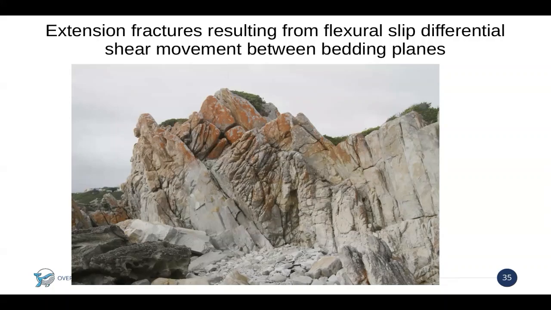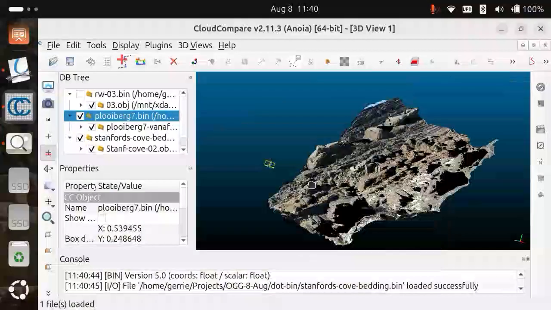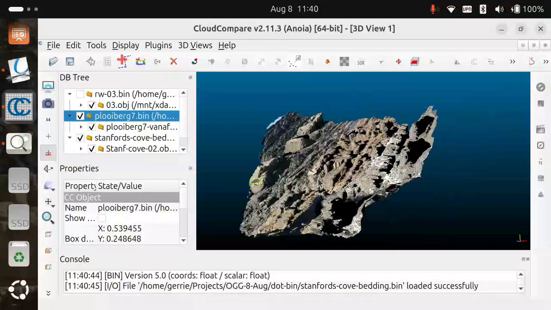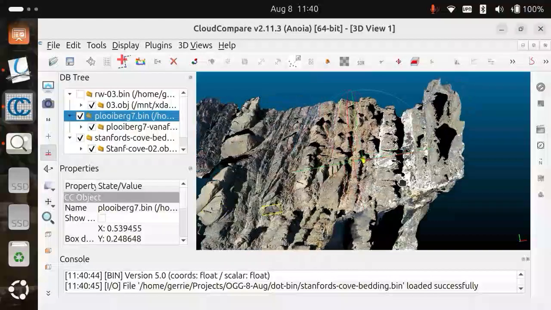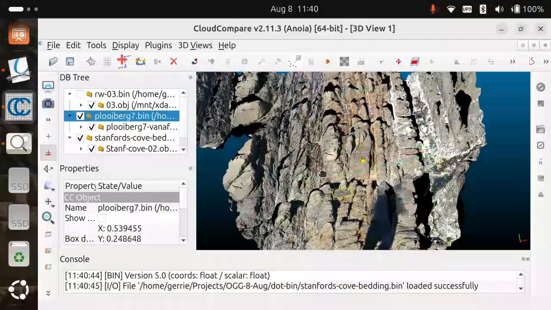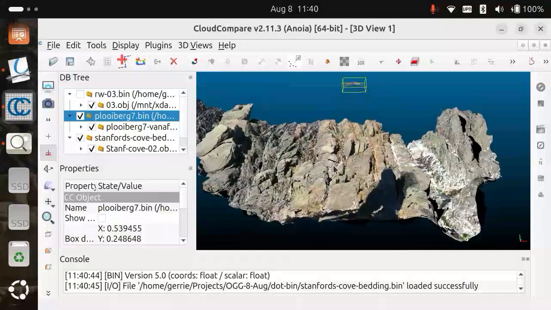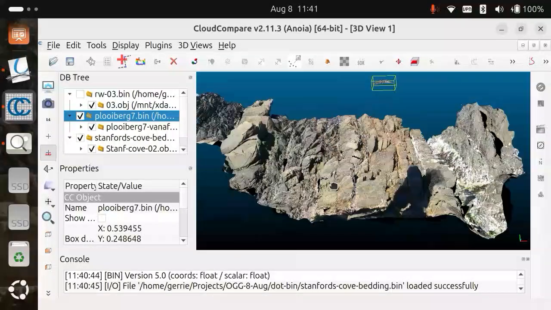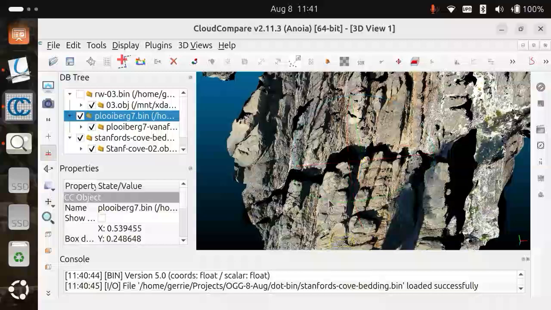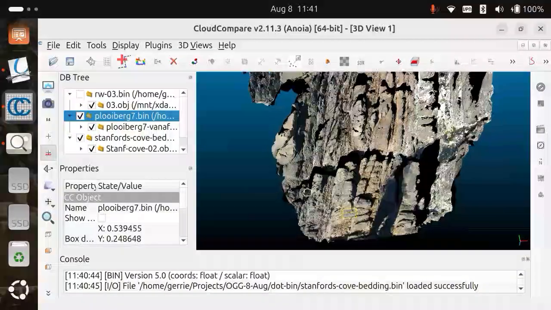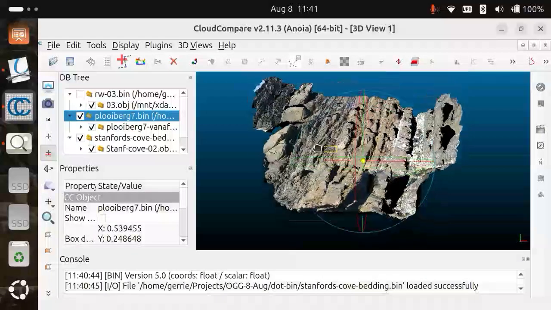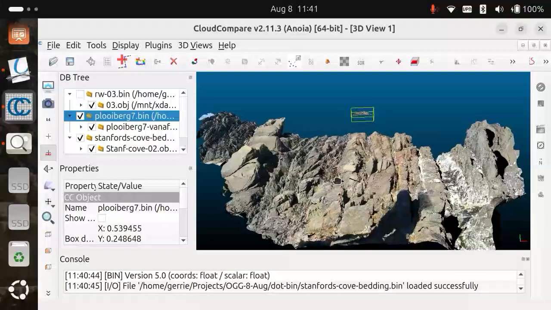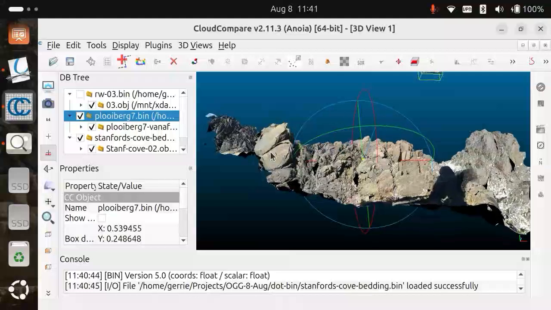So it's very brittle. This is the Stanford's Cove area again, and it's now looking towards the sea. And you see the bedding, the ductile shearing in the shales, and these quartzite beds in between all have these fractures like that.